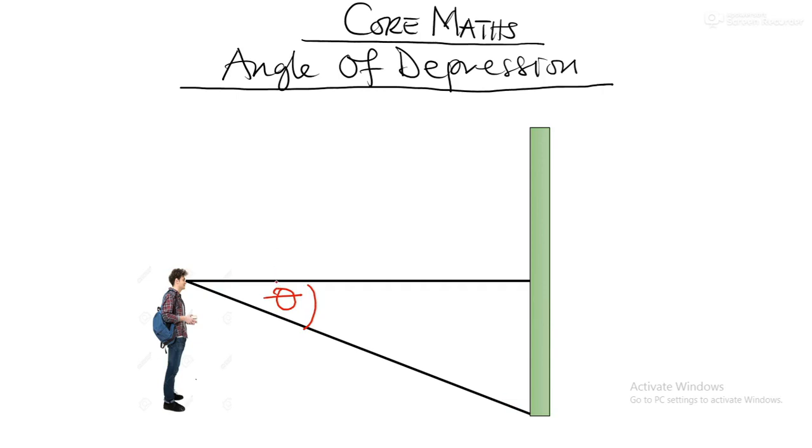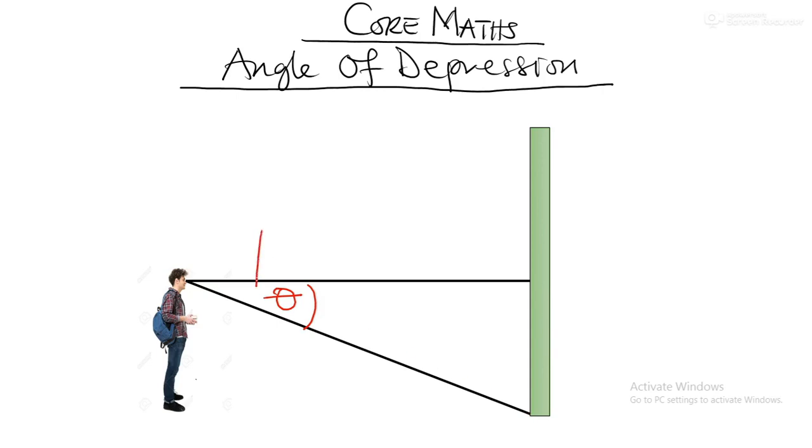Good. And you realize that here the angle of depression is above the object. The object is the foot of the pole. You can see that the angle of depression is above the object, which is the foot of the pole. I hope you are with me.